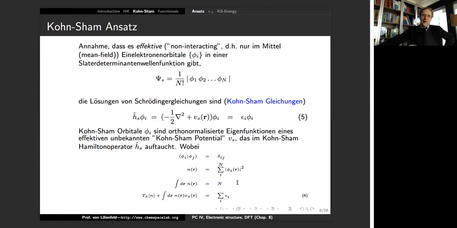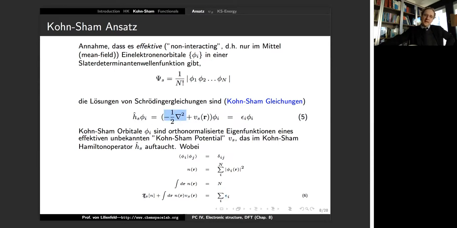And now if you look at this equation here, you multiply from the left with your phi I and you integrate, then you have your epsilon I, and you do this for every electron. And then for every electron you get a kinetic energy.